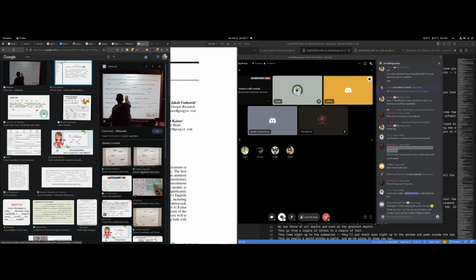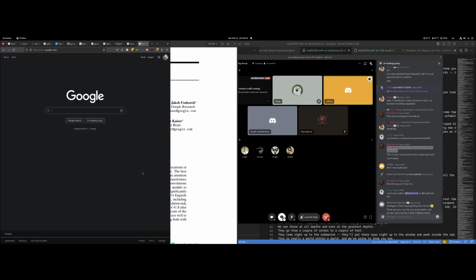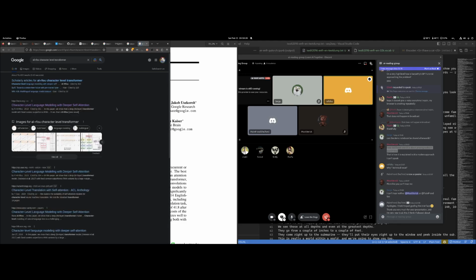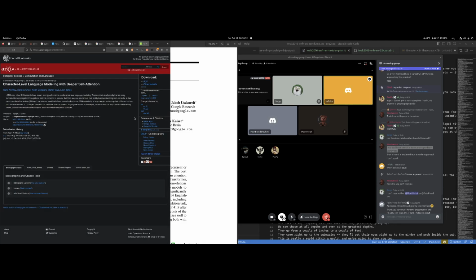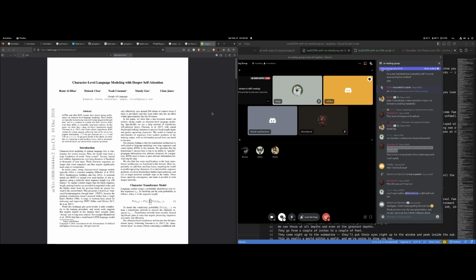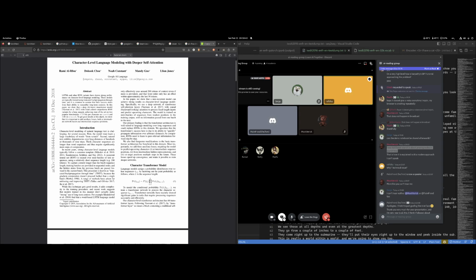Let me try to see if I could find it. I might have some difficulty finding it now. Character level language modeling with deeper self attention. I believe that's the one. And that researcher and this group were all at Google, at least when they published the paper.